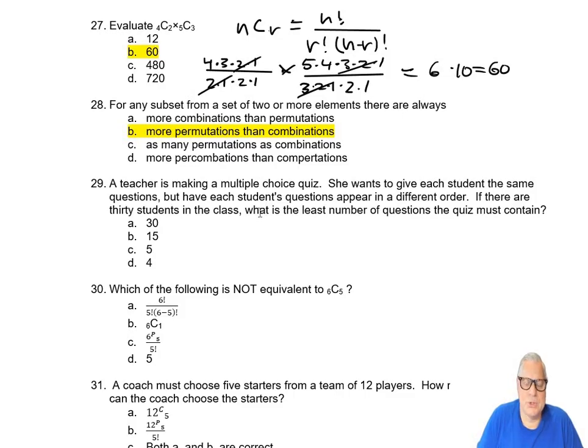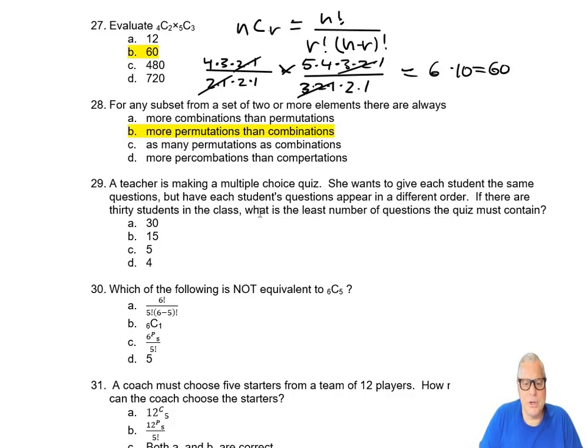Okay, so 29. A teacher is making a multiple choice quiz. She wants to give each student the same questions, but have each student's questions appear in a different order. So those are permutations.